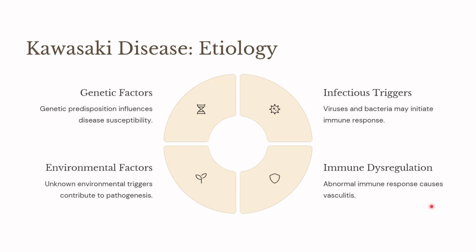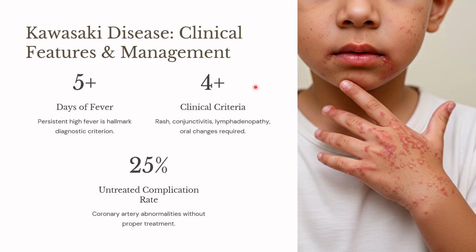But if it is profound because of the immune response, then IV immunoglobulins help to stabilize the body from the abnormal antibodies which are produced by the body against the body. So therefore IVIG is helpful. So this is the main criteria, 5+ days of fever with desquamation of the palms as well as the soles. If it is left untreated, then coronary artery abnormalities can happen.